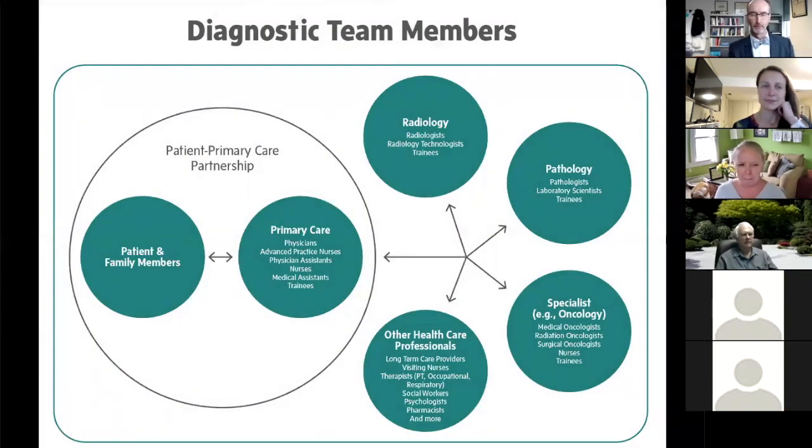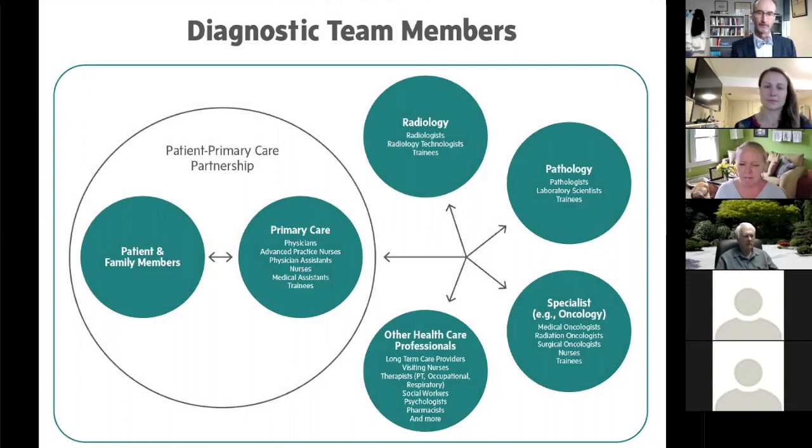This is also a reminder, not necessarily of Suz's diagnostic team in her particular case, but in general, that the diagnostic team can become quite complicated. In my clinical setting, a patient comes to see me as a primary care physician, and immediately that patient and family are engaging not only with me, but with nurses and medical assistants and trainees.